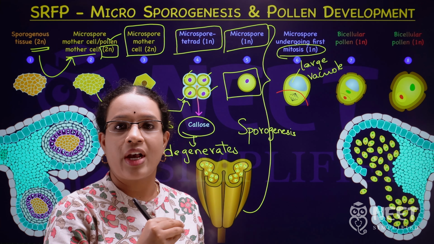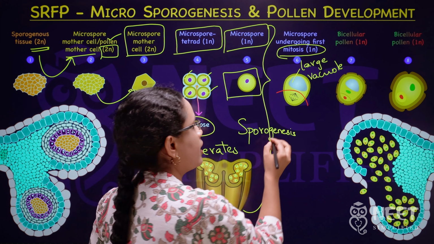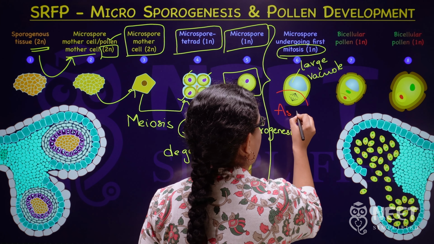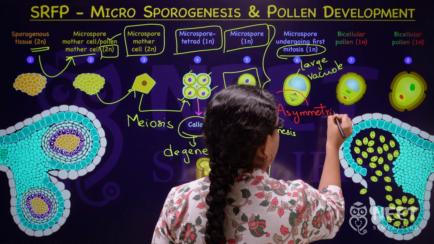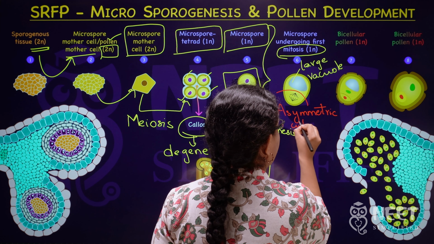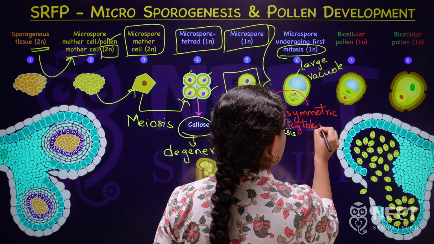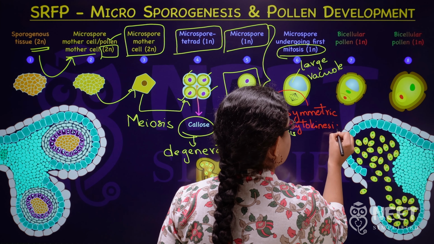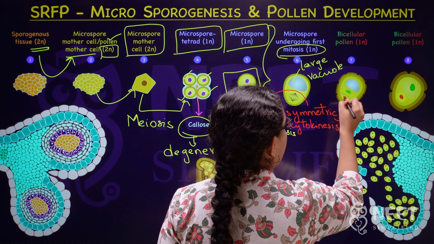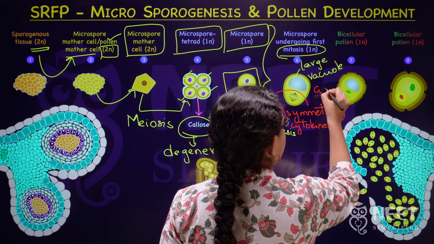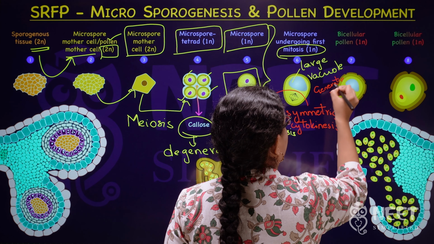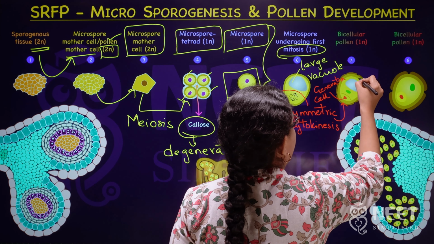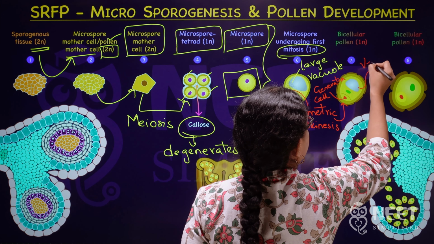This cytokinesis is a special one because it is asymmetric cytokinesis. As a result of this, you get a smaller generative cell and a larger vegetative cell.